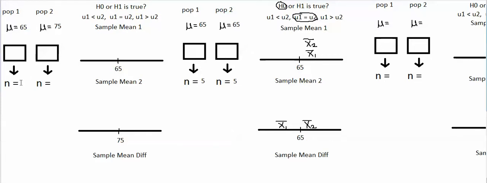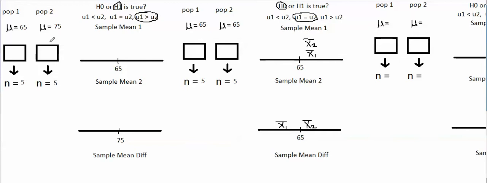I still want you to use a sample of 5 and a sample of 5. This time, you would circle that each one is true, and you would circle that the first population mean is higher than the second population mean because they're different.